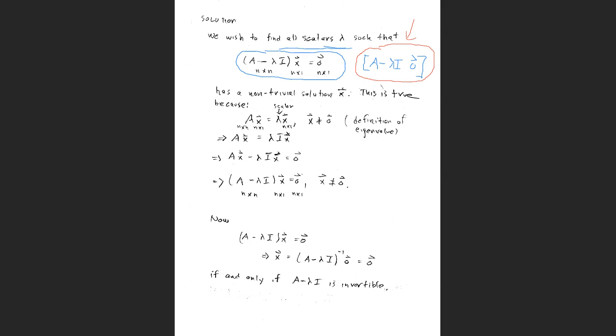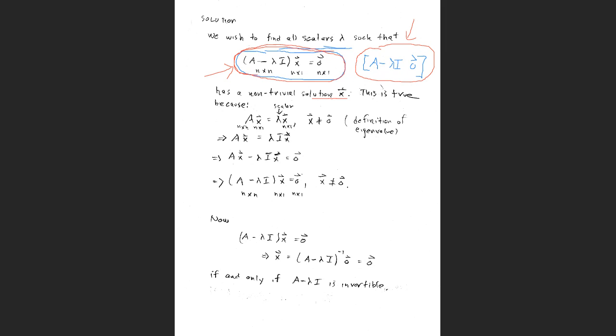But of course, that homogeneous system comes from this vector equation. So we want to find all scalars such that this vector equation has a non-trivial solution x.